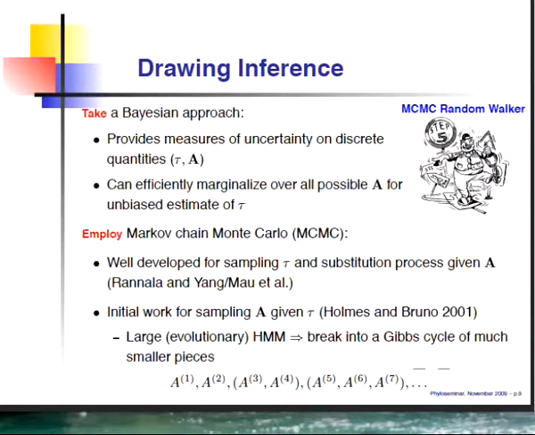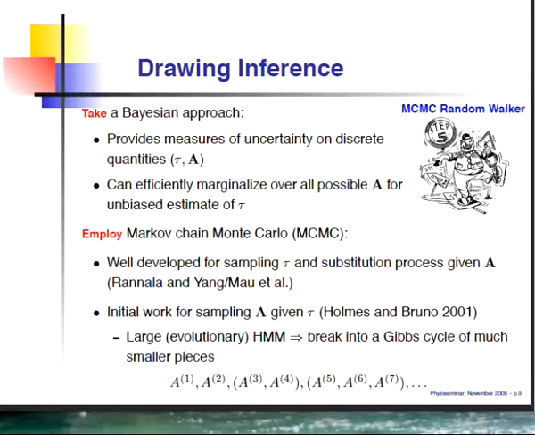Well, believe it or not, that actually specifies a whole probability distribution over the space of alignments and phylogeny, just given the observed sequences themselves. I'm going to take a Bayesian approach and say I'm interested in estimating the joint distribution of alignments and homology statements given just the observed sequences.